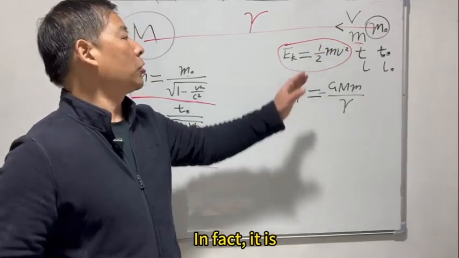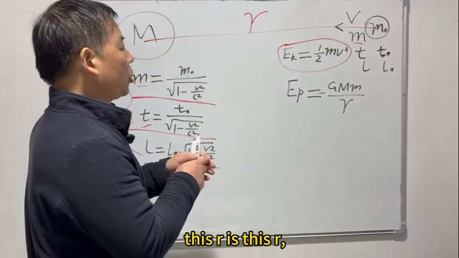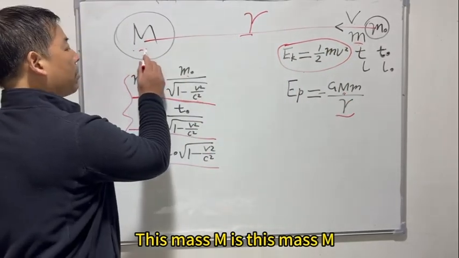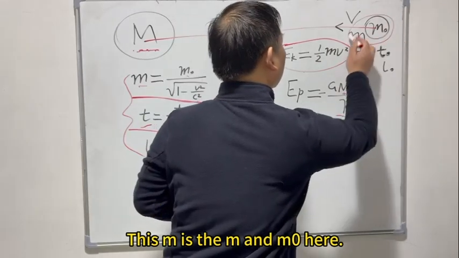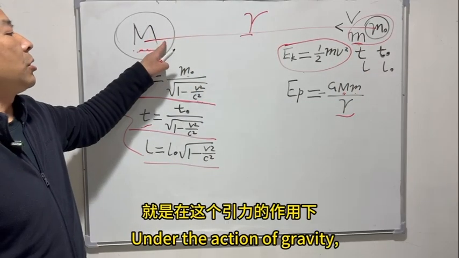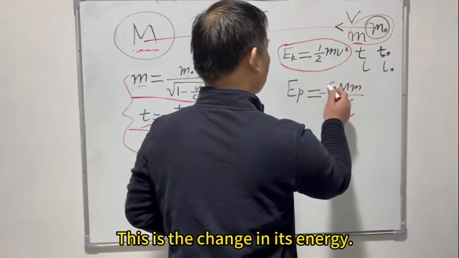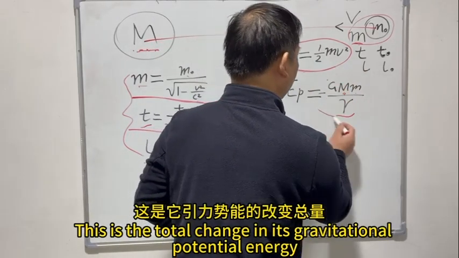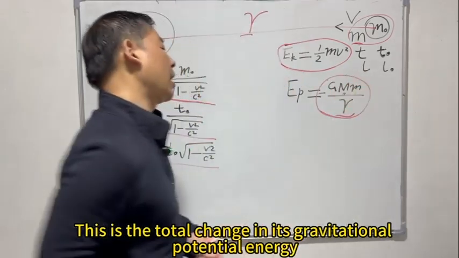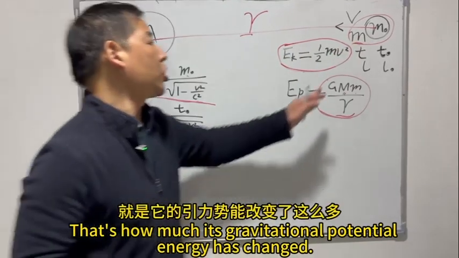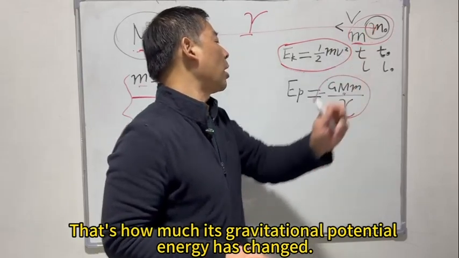Here r is this r, the mass M is this celestial mass, and m is the m or m0 here. This is the total change in its gravitational potential energy under the action of gravity.